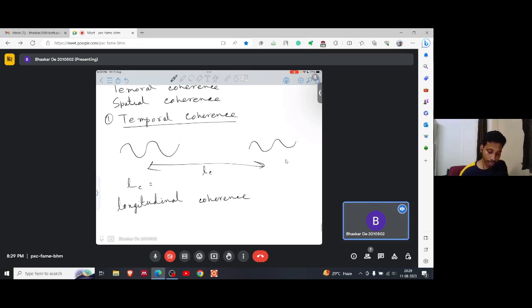Now if we assume two waves are exactly in phase at the first location, then they will still be at least partially in phase at the second location up to this LC. So LC is the maximum length that the coherence is maintained in that particular laser.